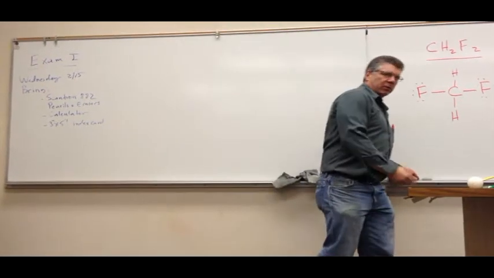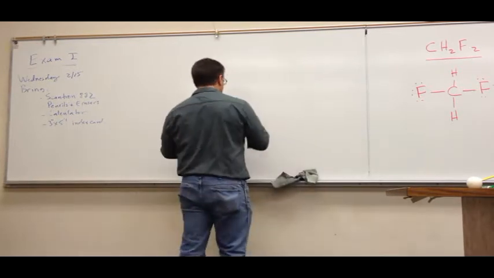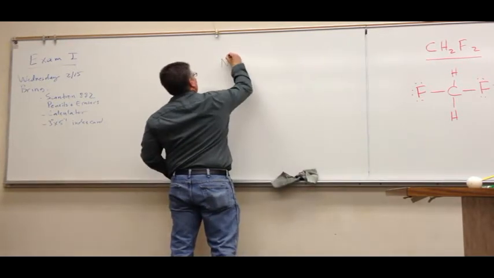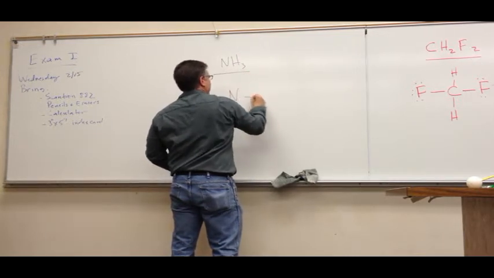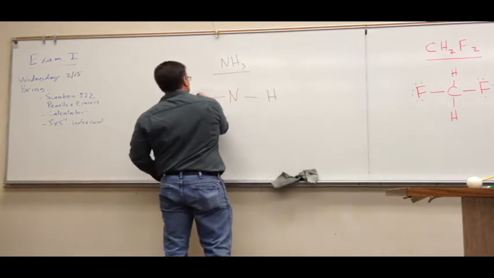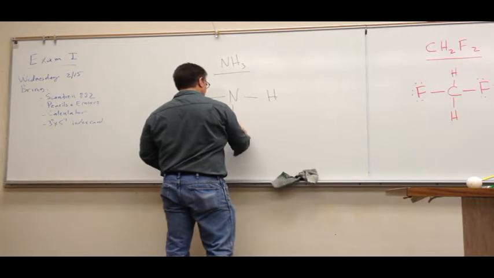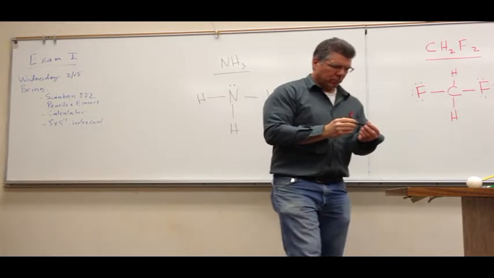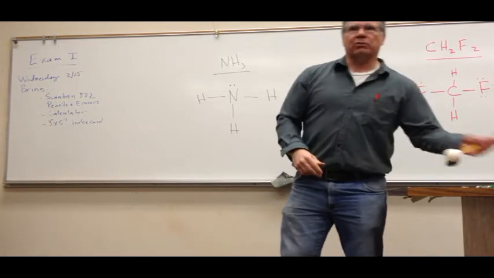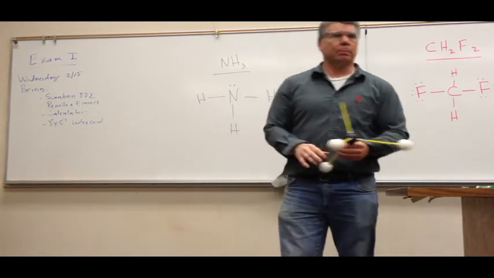This could represent, for example, ammonia. What's the electron group geometry for ammonia?